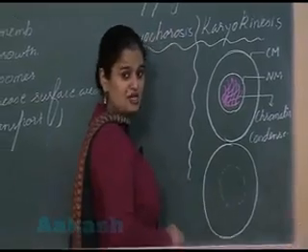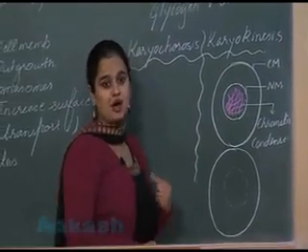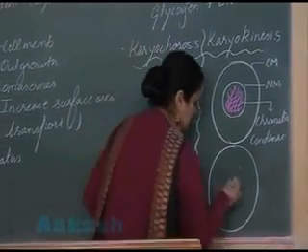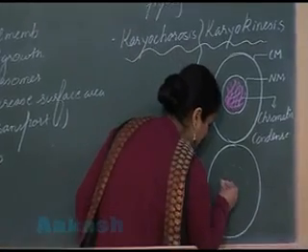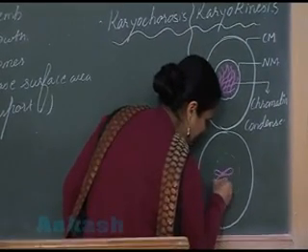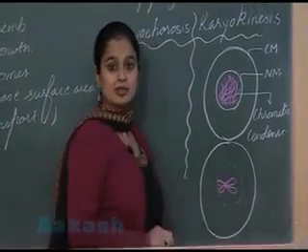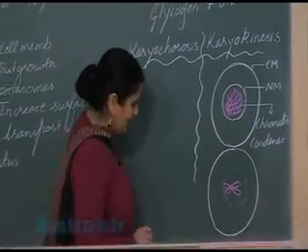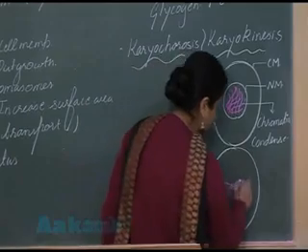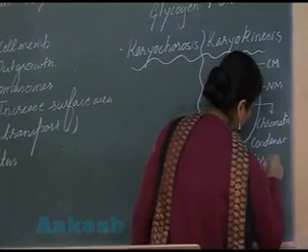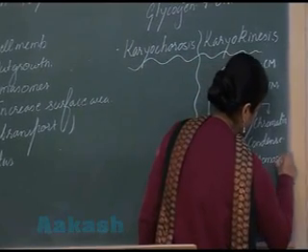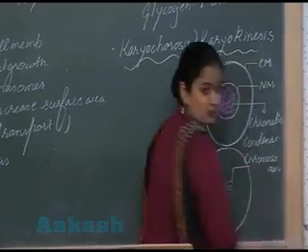After the condensation, there is formation of rod-like structures which are known as chromosome. For simplicity, I am forming only one chromosome here. Chromatin will condense, forming rod-like structures, known as chromosome.